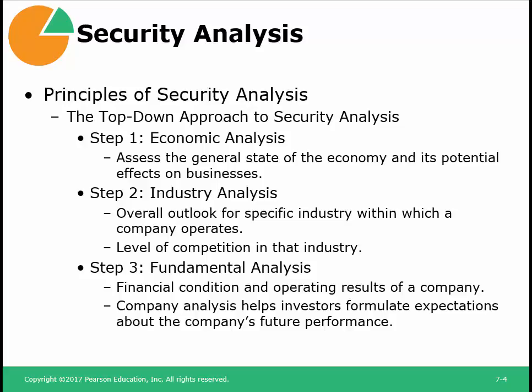So what this economic analysis does is give us a picture of where we think the world's going to go. Now, given that picture, there will be some industries that do very well and some industries that do very poorly. Industries that perform poorly are performing poorly because the companies in those industries are performing poorly.